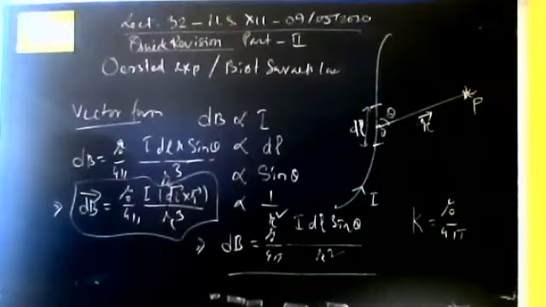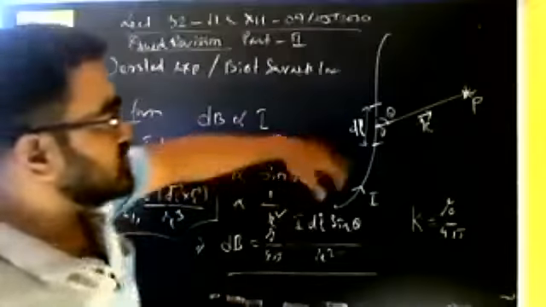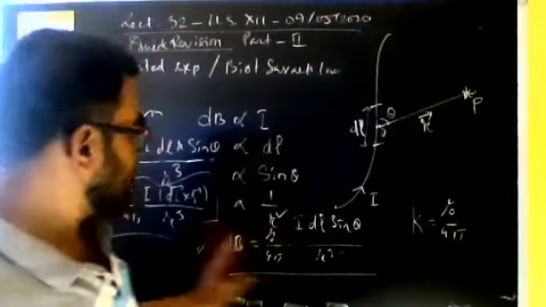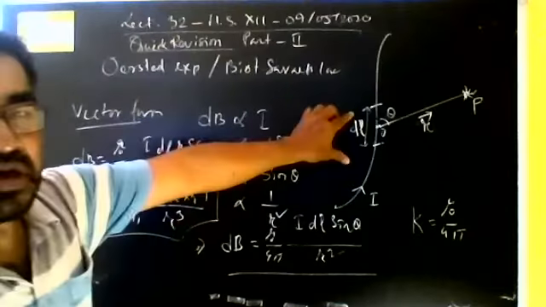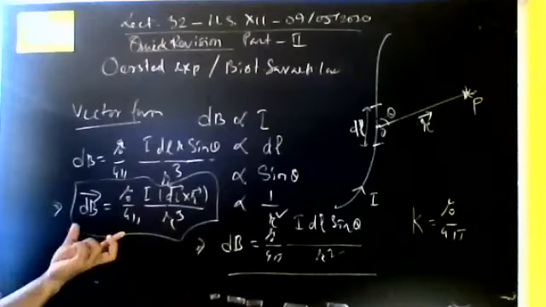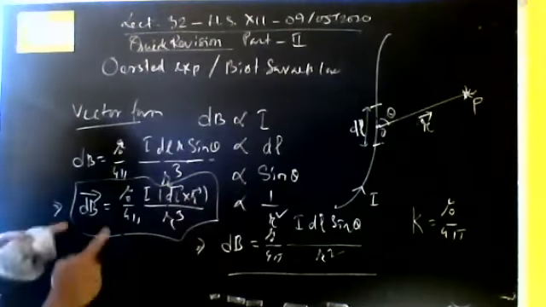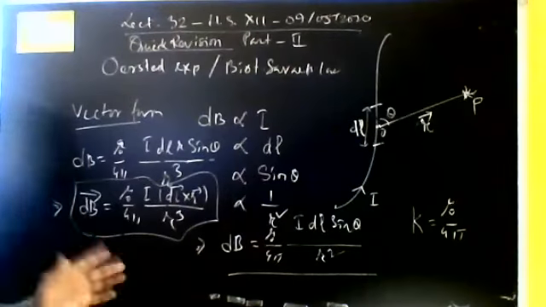Now, the next point we have discussed is applications. So this was the magnetic field for a particular elementary length. To get the total magnetic field, integrate the small amounts of magnetic field. Why dB? dB represents a small amount.